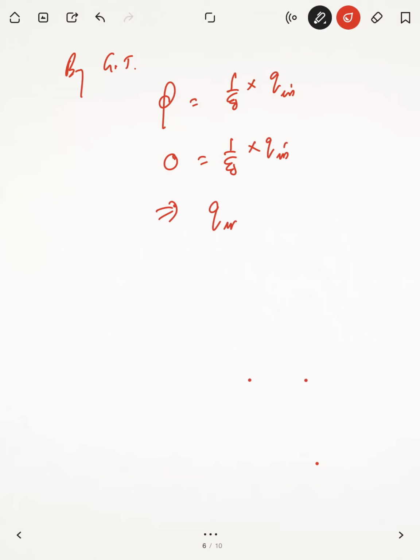By Gauss's theorem, flux is equal to 1 by epsilon 0 into q inside the surface. But flux is equal to 0. So 1 by epsilon 0 q inside is equal to 0, which means that q inside is equal to 0. There is no charge inside. It is simply a cylinder placed there and there is no charge inside.